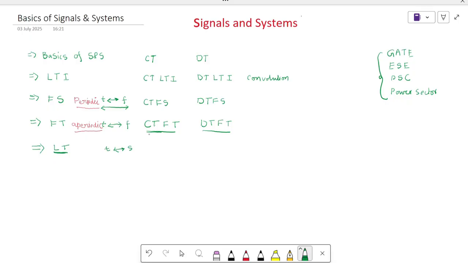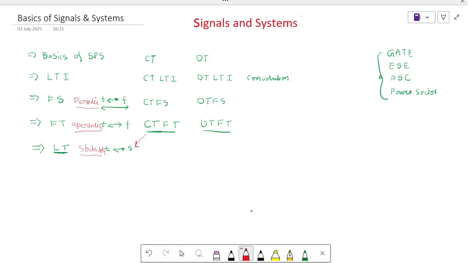To find the stability, the CTFT is modified to the Laplace transform. So the major reason is stability. CTFT's major drawback is that we cannot find the stability.